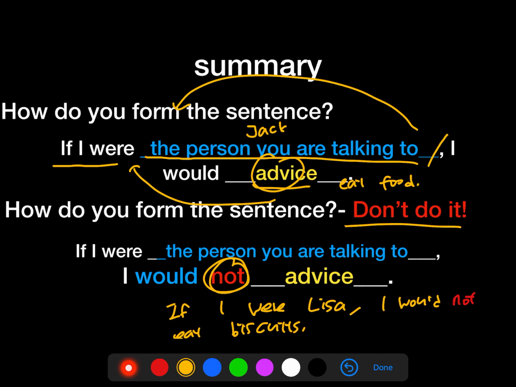Like this. So we mention the person you're talking to. If I were Lisa, I would not eat biscuits. Like I'm in the same position as Lisa, and not eating biscuits is the best for her. So we form the sentence like this by adding not.